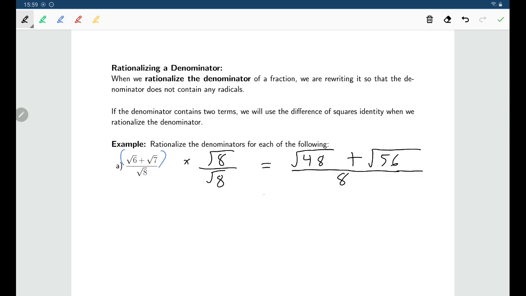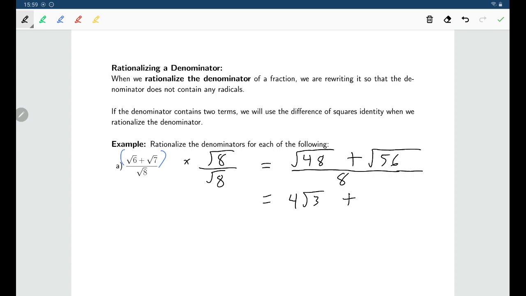So for 48, one thing that you'll notice is that 48 is the same thing as 16 times 3. So 16, or 4 squared, that's the perfect square that can come on out. So root of 48 is root of 16 times 3, or root of 16 times root of 3.